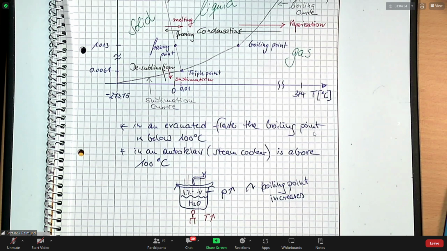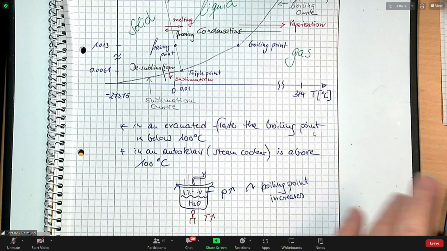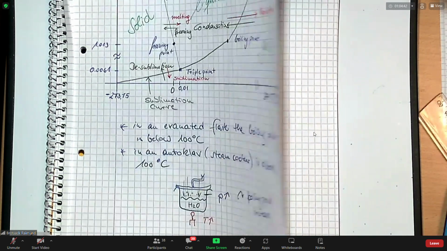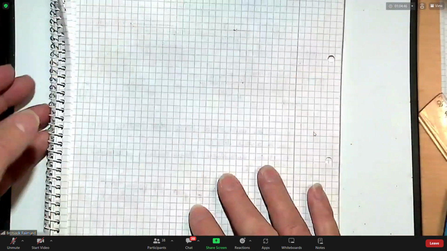Now we talked quite a lot about the parameters, the units, the phase diagram of water. Now let's go on. Before we are really able to talk about chemical reactions, we need a few definitions or a few settings.